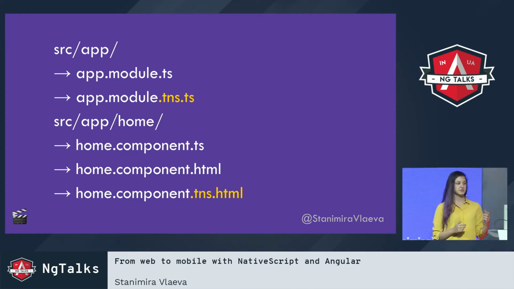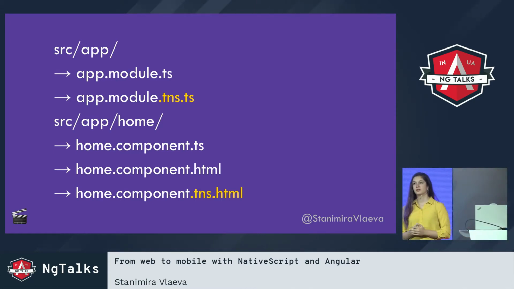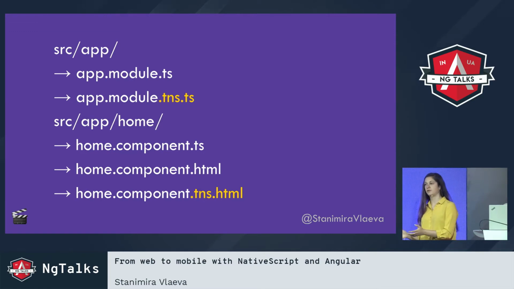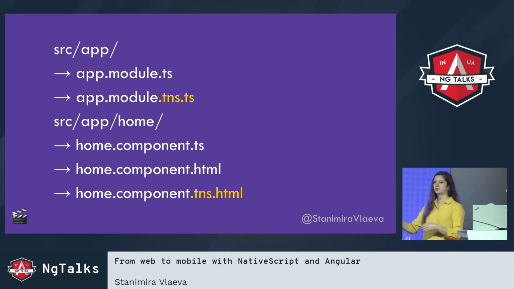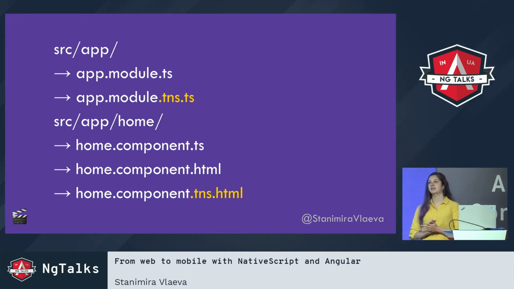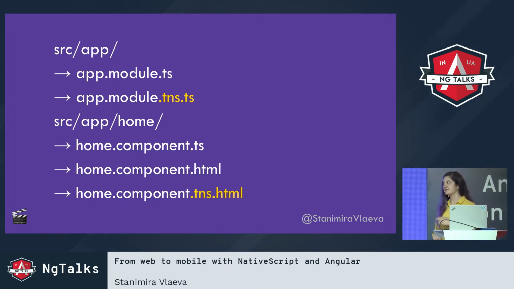For every request that we have for app.module, when we are building for mobile, we're going to redirect these requests to app.module.tns, right? Also, if you have any questions, you can interrupt me at any time, no worries. Cool. So we got that really simple concept.